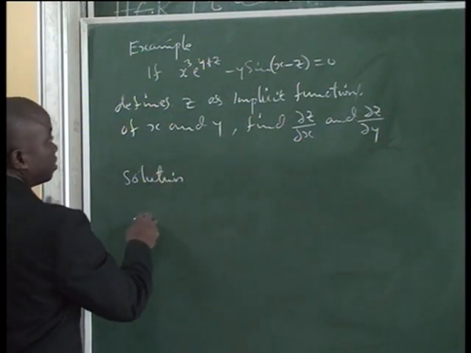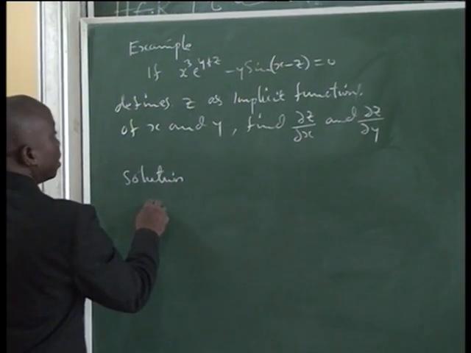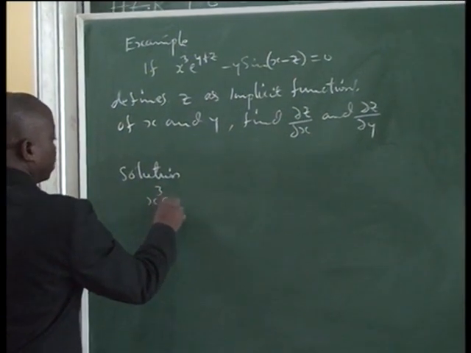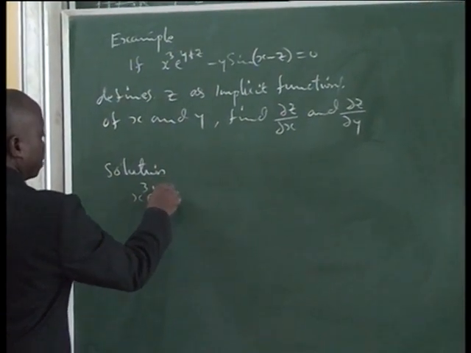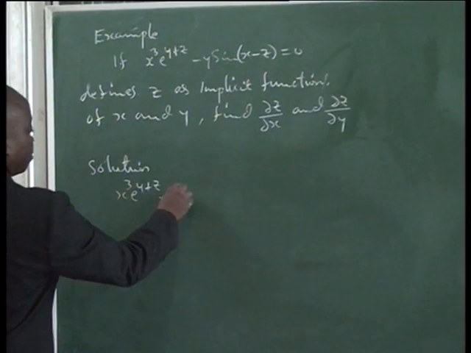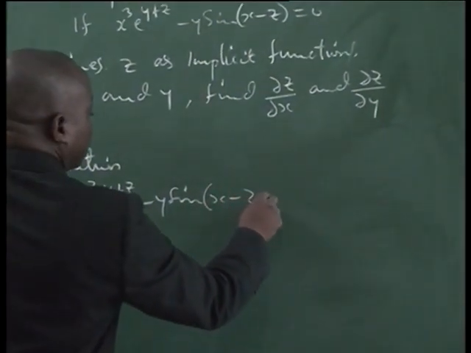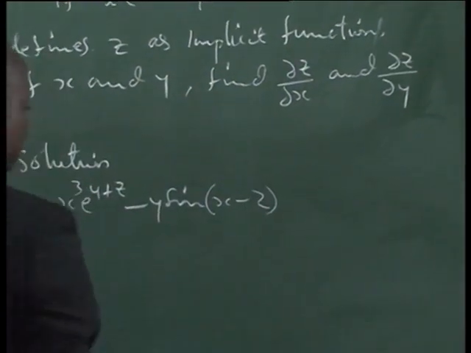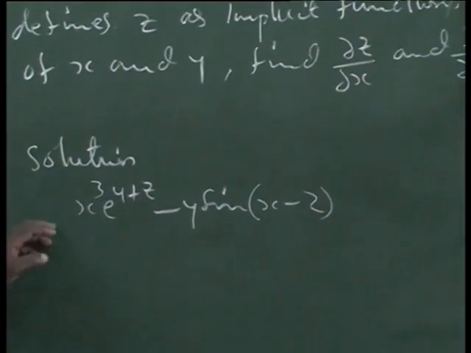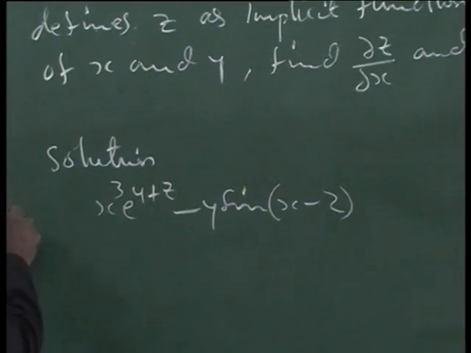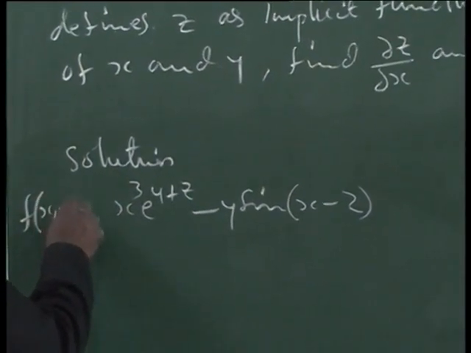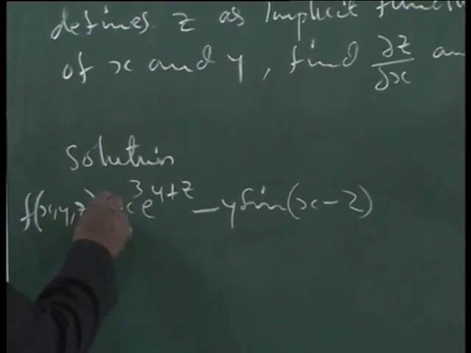You know that x cubed exponential y plus z minus y sine x minus z. Okay, so now this function is in this way: f of x, y, z.